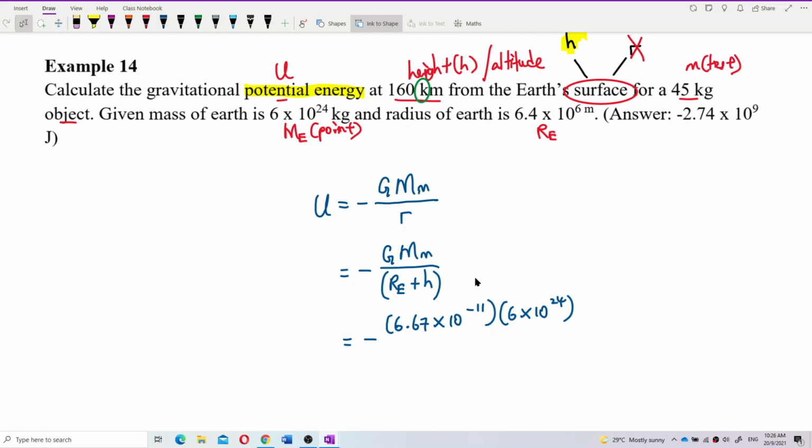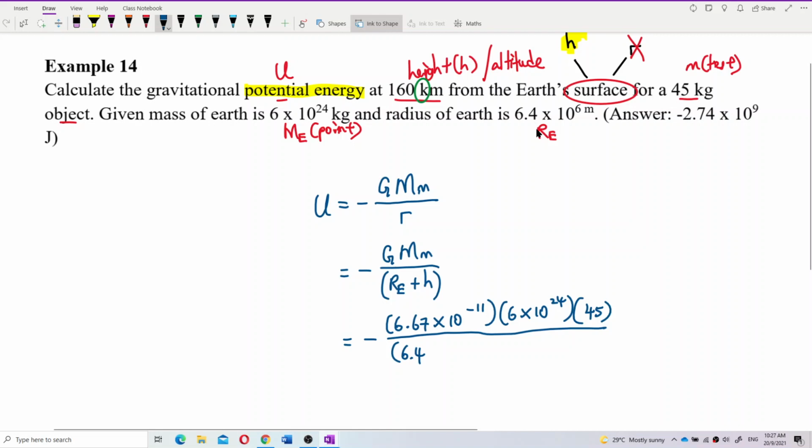Then the mass of the test, not the moon, the 45 kilogram object, divided by the radius of Earth, which is 6.4 exponent 6, and then plus the height.